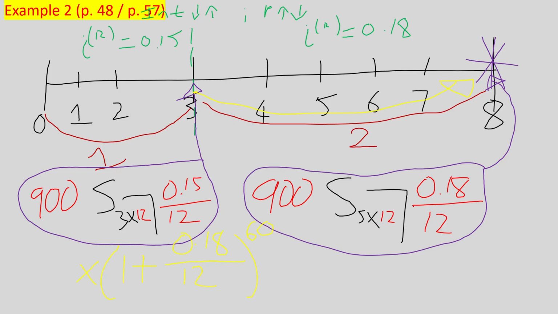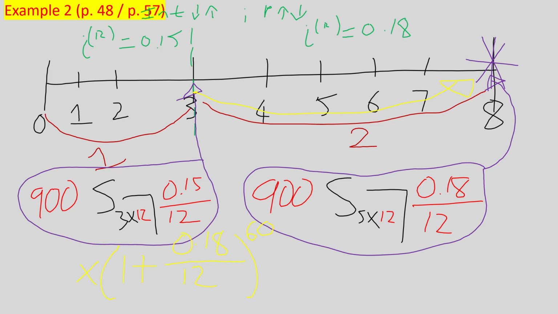And that's the equation we have for this one. So you've got the 900 at 15% for 3 years. Then you look at that as a single amount. It just sits in the account earning interest for 5 years. And then you've got the second annuity for 60.